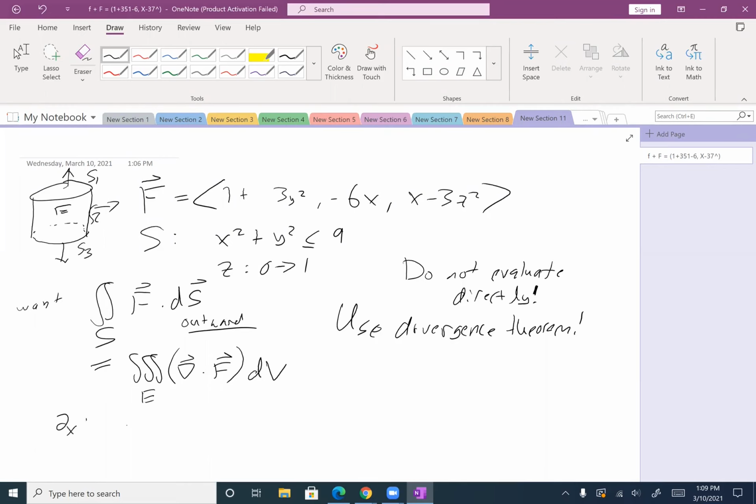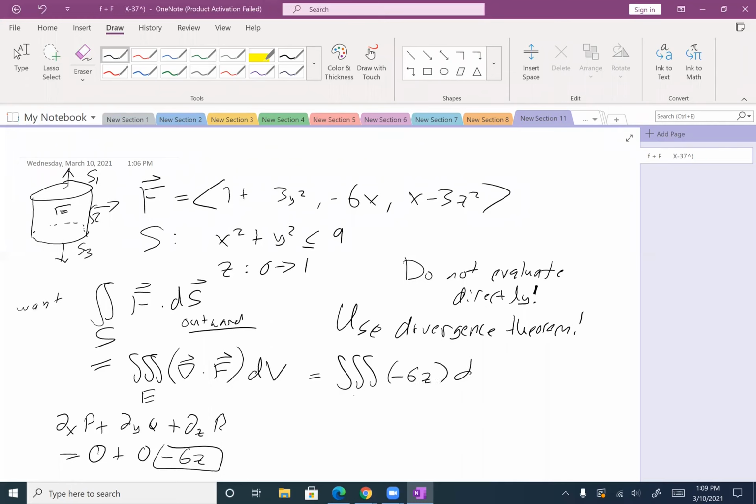So let's take d/dx of P, d/dy of Q, d/dz of R. So notice how this is 0. It's already looking better. And the next term is also 0, so that's not bad either. And then finally, we have minus 6z for that last term. So you can see that it is insanely easier just to do the divergence theorem.